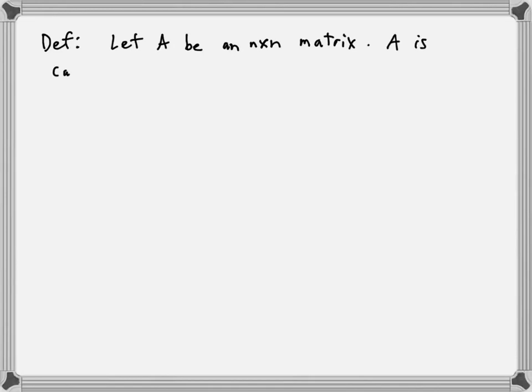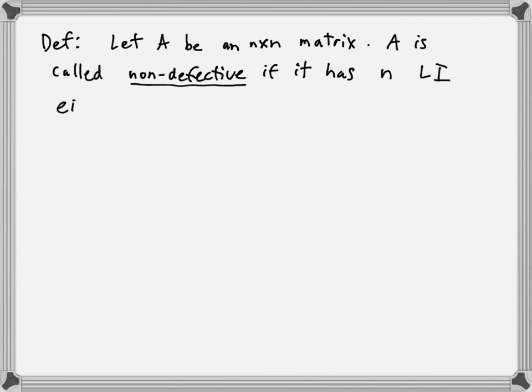A is called non-defective if it has n linearly independent eigenvectors.